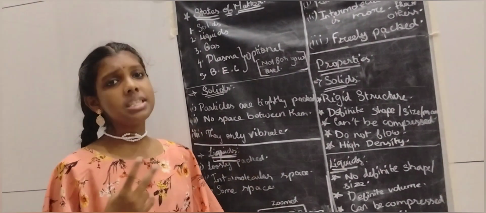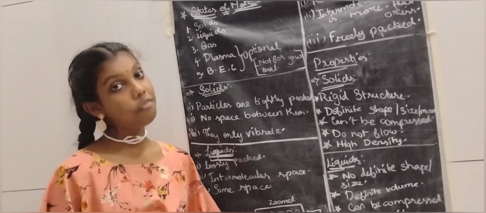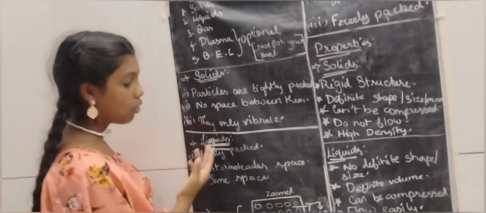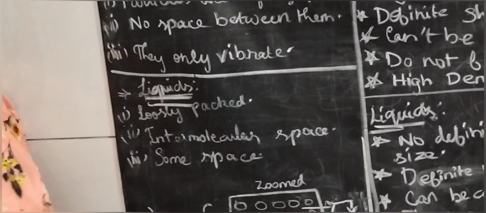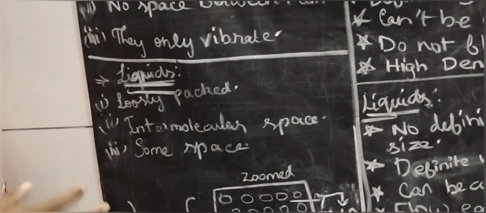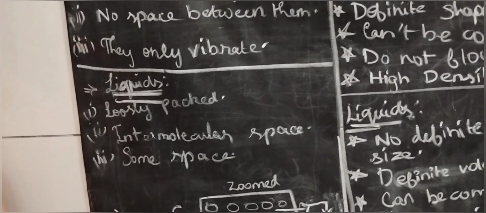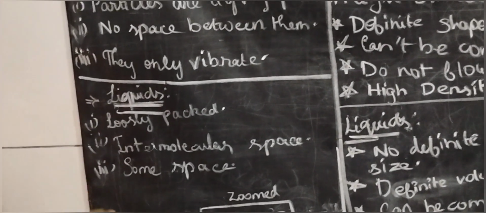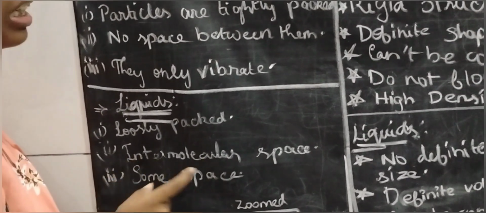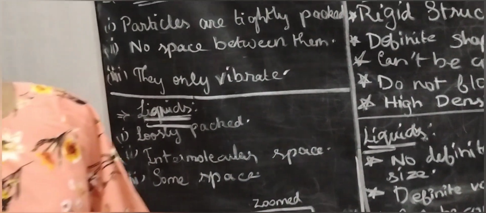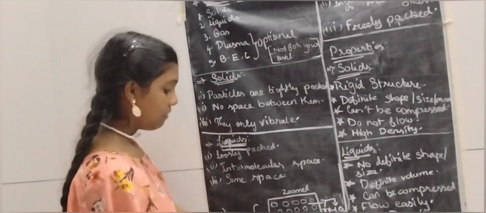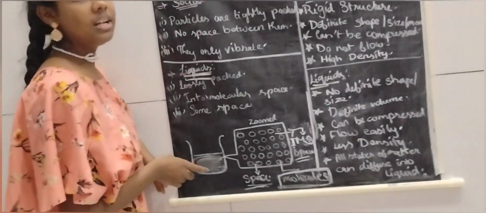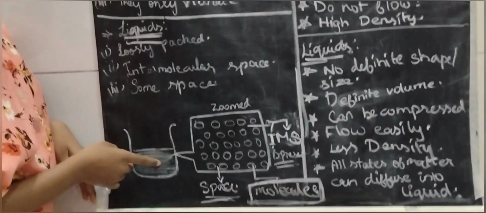So let's go to the second state of matter, which is liquids. Now liquids are loosely packed but not freely packed. They are partially loosely packed. Next, they have intermolecular space. What do you mean by intermolecular space? Now let us see it deeply. For example, let's have a beaker in which we have water.